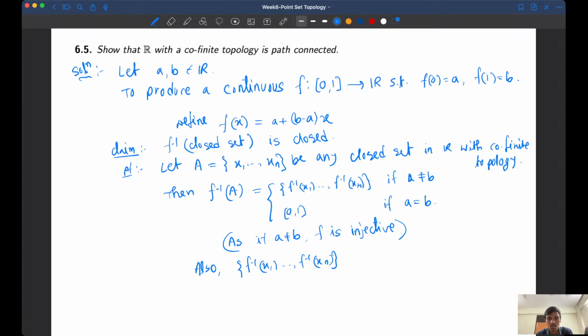So this is closed because the complement is the disjoint union of open sets, right? So it's closed, and F inverse A is closed.